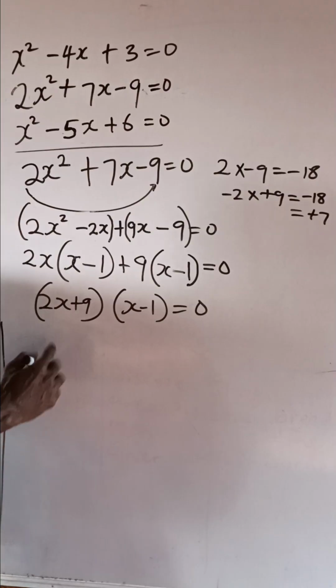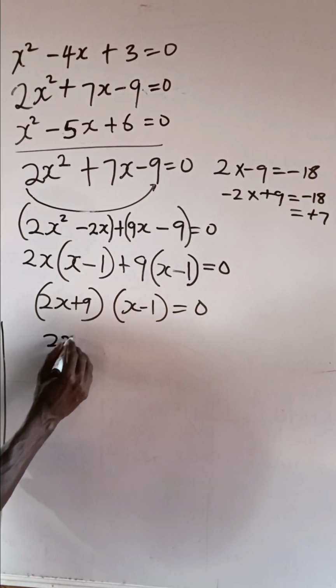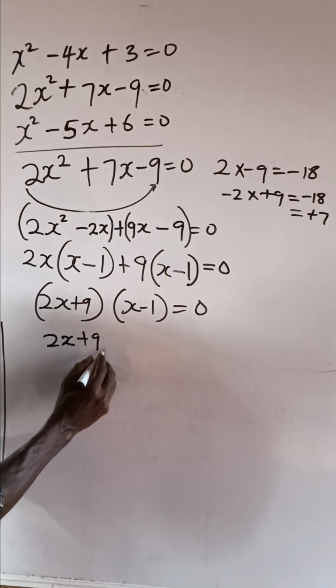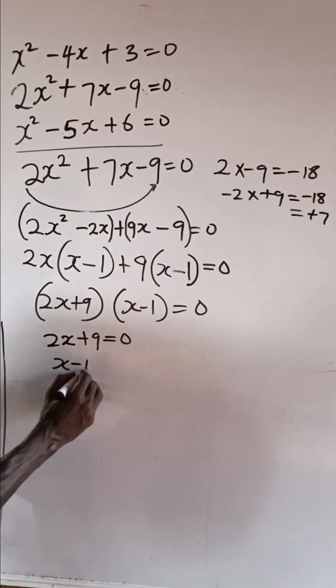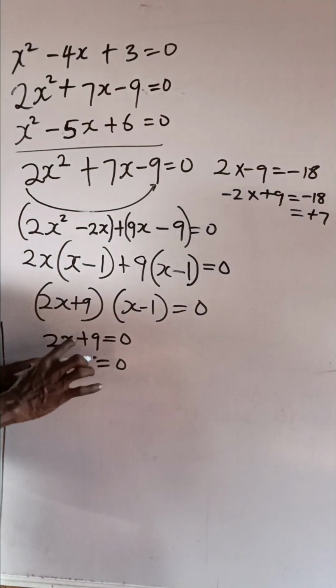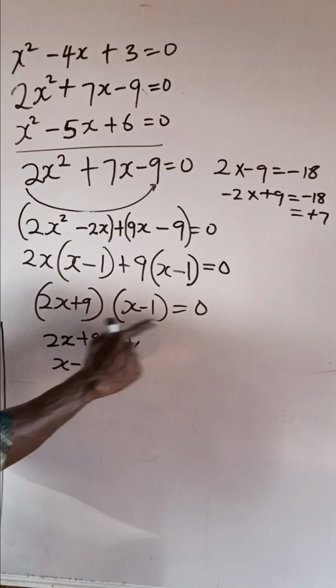So the next thing we are going to do, you are going to equate each bracket. So we have 2x plus 9 equals to 0, and this one is x minus 1 equals to 0. Let's start from the first one. This 9 will come to this side.